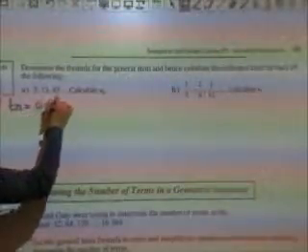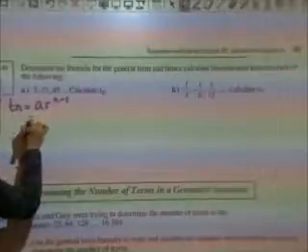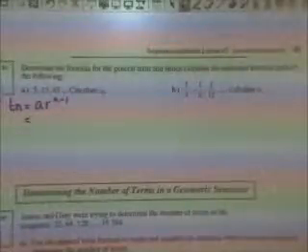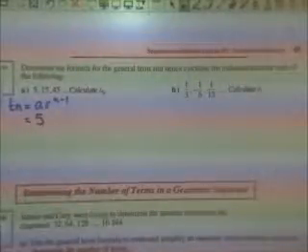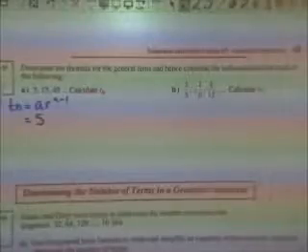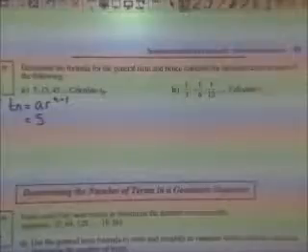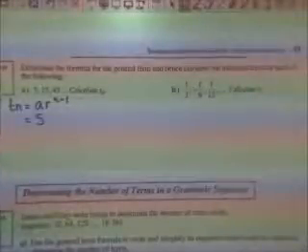Determine the formula for the general term and then calculate for the indicated term of each of the following. So if I determine my general term, a times r to the power of n minus 1. In this sequence, what is a? What is r? 3. And I can figure out it's 3 by going 15 divided by 5. There's my 3.